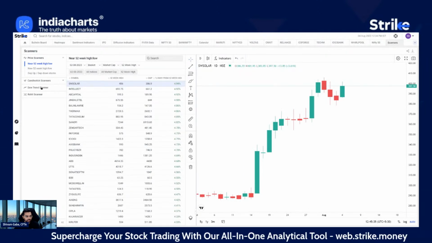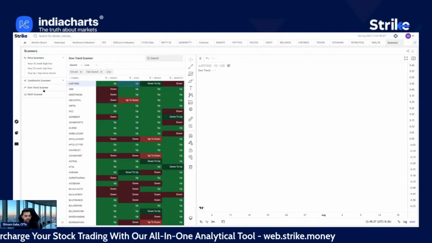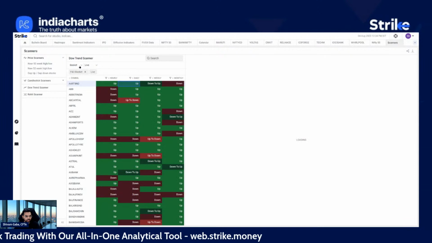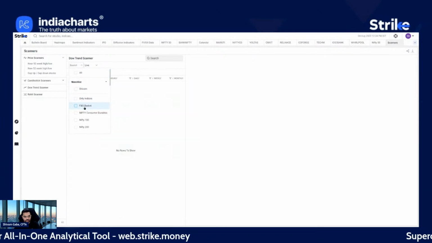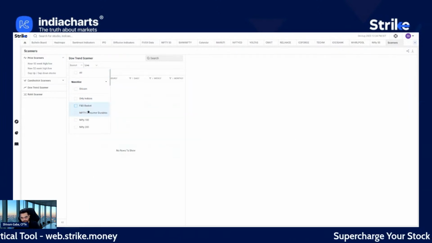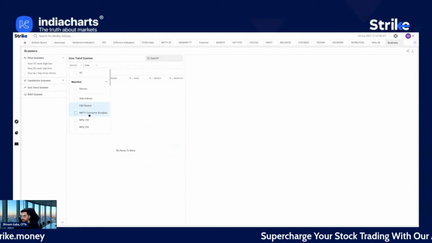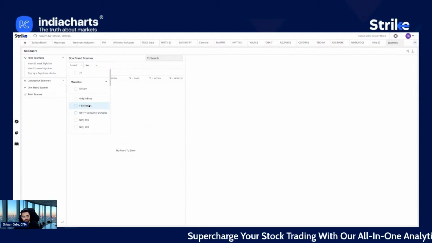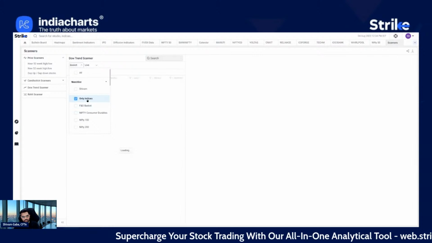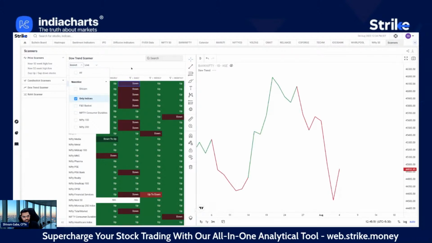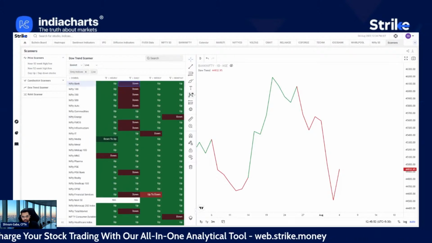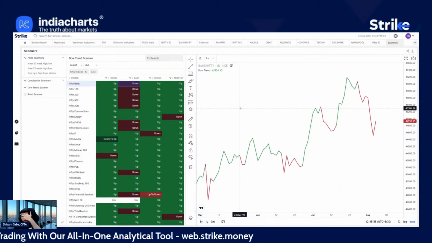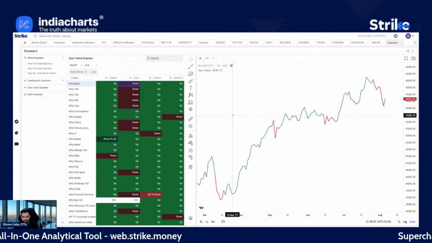Let's go to scanners and see if we have any interesting signals. Earlier there was only the option to add a particular index, and you would see the stocks for that index. Now, if you want to see the signals on the indices themselves, you can click on only indices and get the signals from hourly to monthly time frame for the indices themselves.